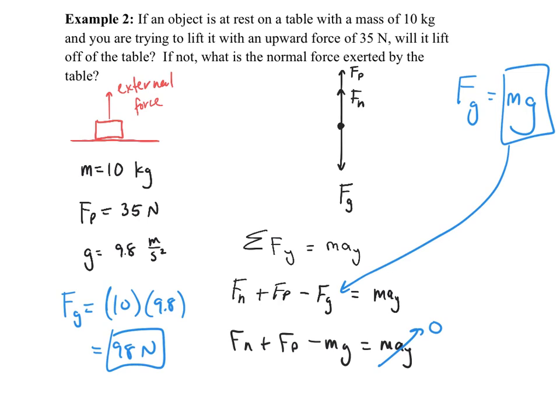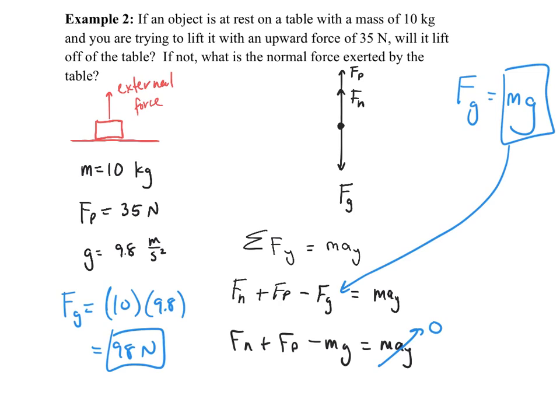But if it were lifting off, then, take a look up here, this would be 0. If it does lift off the table, then the table can't provide a normal force anymore, so this cannot be here. And if it does lift off the table, what's the only way you can gain velocity? By having acceleration.